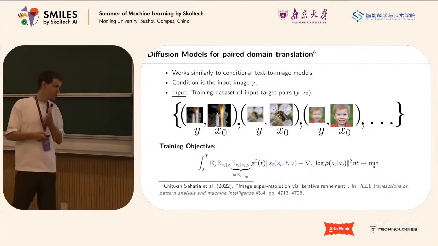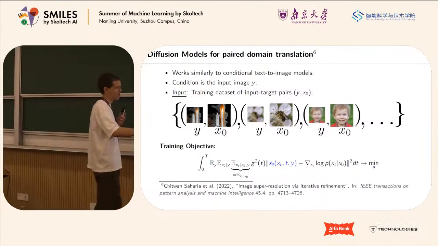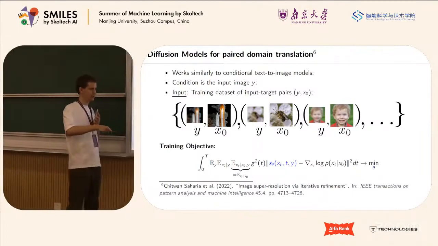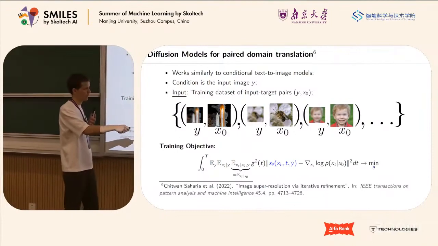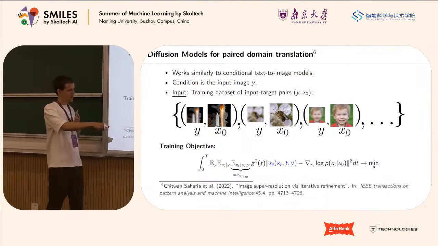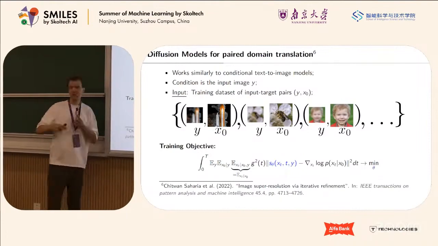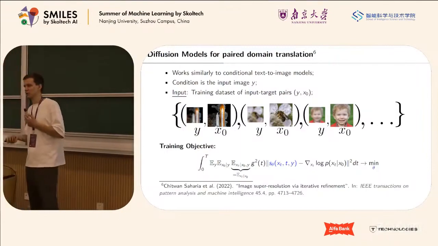And what you do is you just train a conditional diffusion model objective. So what is this conditional diffusion model objective? You train your neural network, your score function, to regress to the true score function, and your neural network has an additional input, the condition on the input low resolution image.